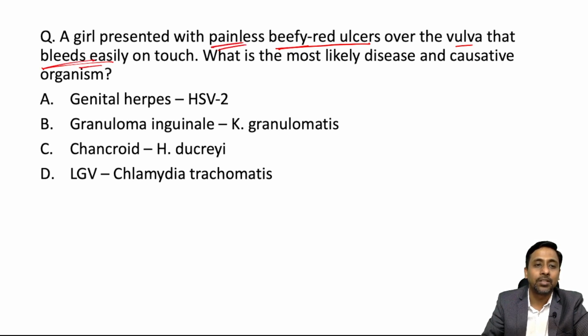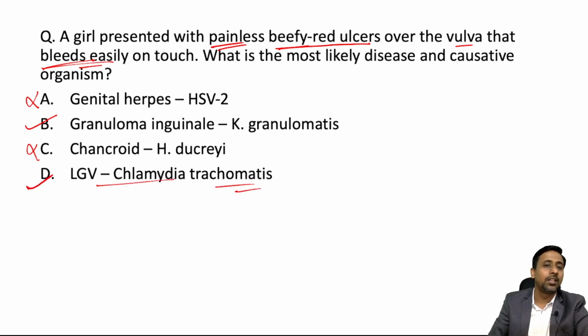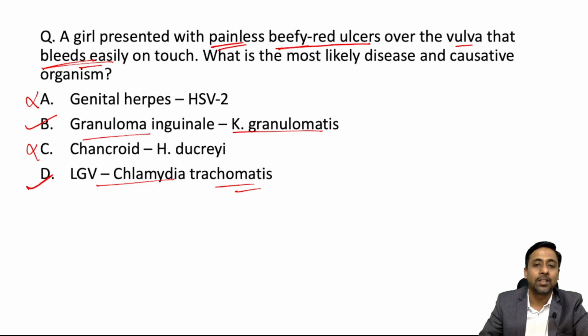So the first option is out, the third option is out. Now it may be either granuloma inguinale or LGV. If you remember LGV, the ulcer is superficial or deep, it is non-vascular. So the answer to this question is granuloma inguinale, which is caused by Klebsiella granulomatis, a beefy red ulcer over the vulva that bleeds easily on touch.